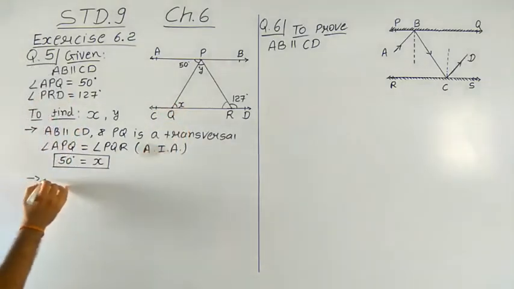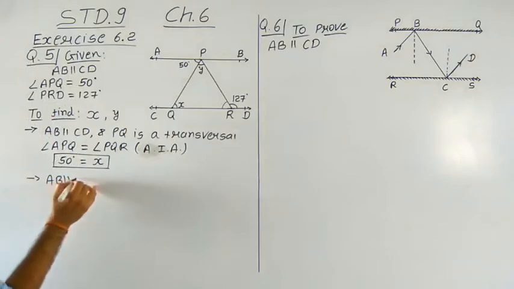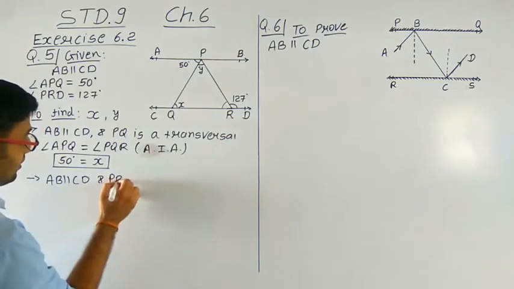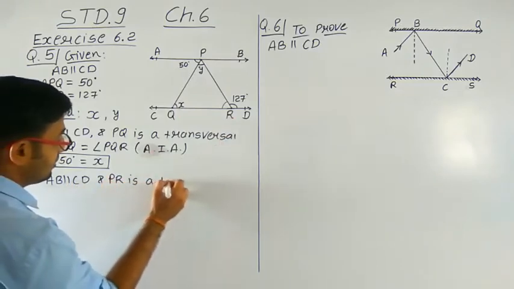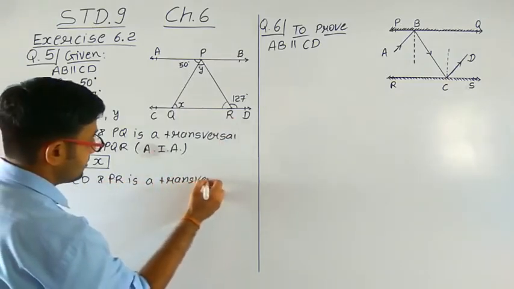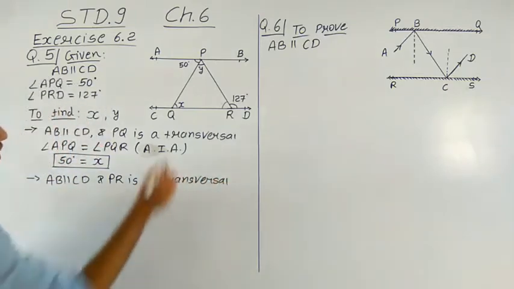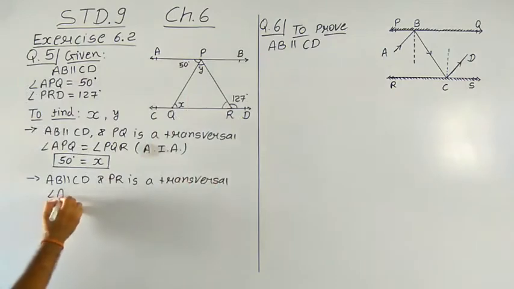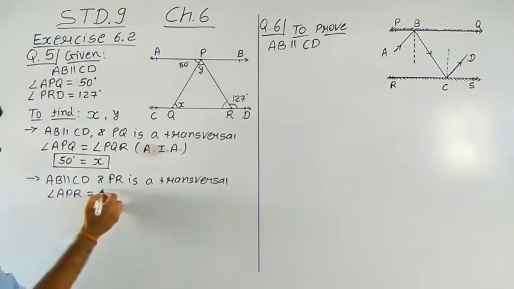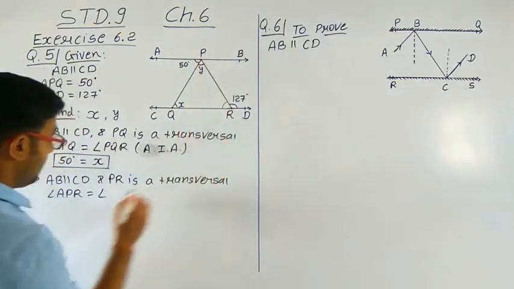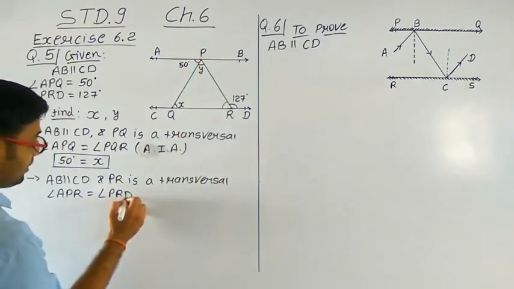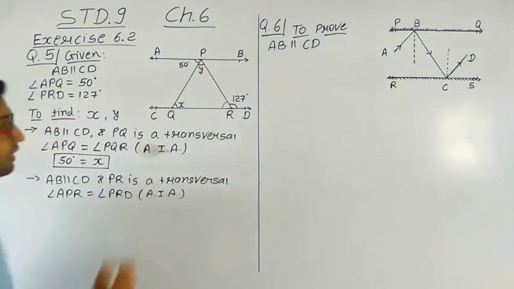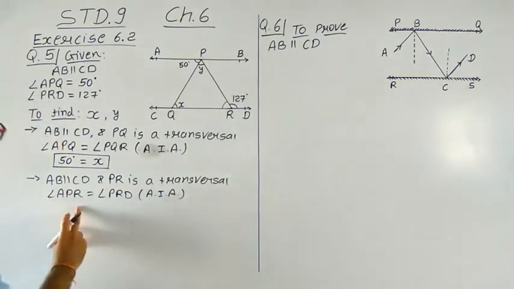Here we can write down that line AB is parallel to CD and PR is a transversal, right? So now we can write down angle APR will be equal to angle PRD. Why? Because of alternate interior angles. Now angle APR is what?